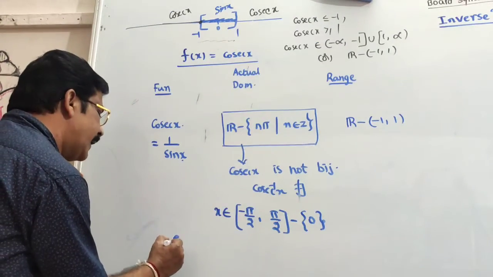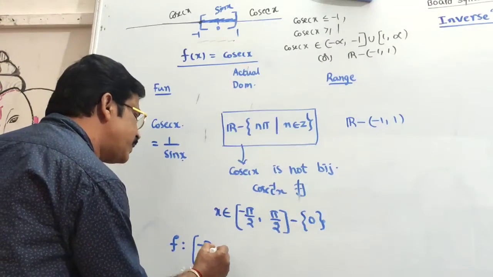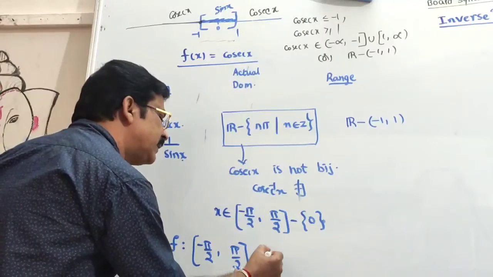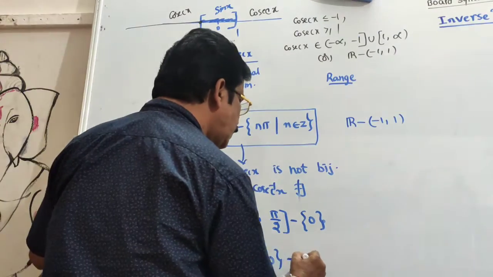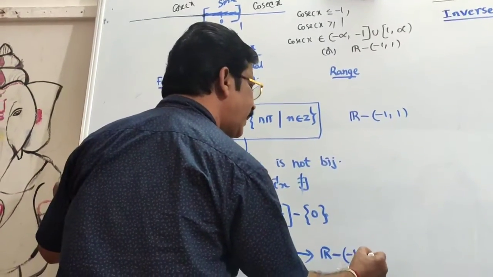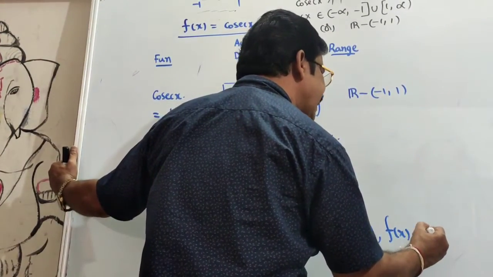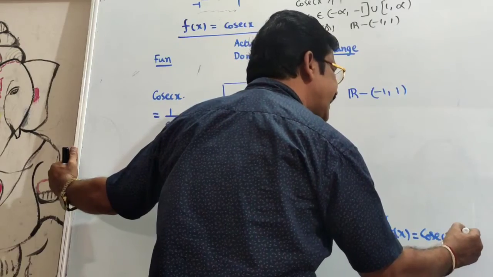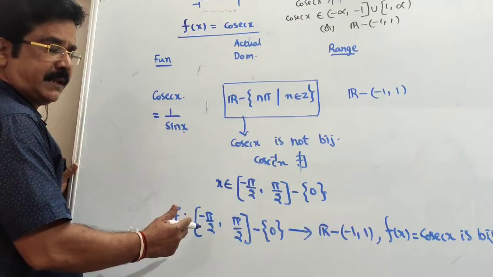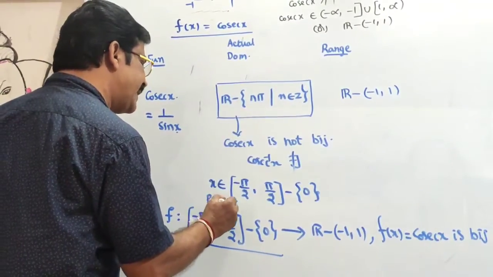So the domain of f is the closed interval of minus pi by 2 to plus pi by 2 except 0, to capital R minus the open interval of minus 1, 1, defined as f of x equal to cosecant x. Cosecant x is bijective, therefore its inverse exists in this area. Of course, it is the principal value branch.